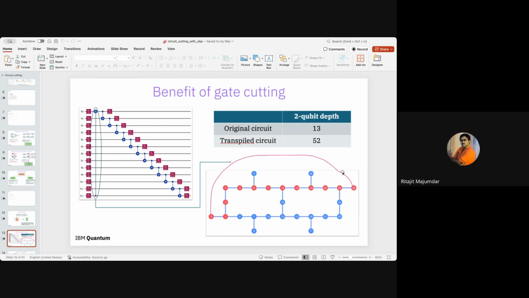This qubit needs to be connected to this qubit via a 2-qubit gate, and there is no way I can do that directly. So the moment I transpile, it will add multiple swap gates. The depth of the original circuit is 13, but the moment you transpile, it goes up to 52. That's a huge increase.